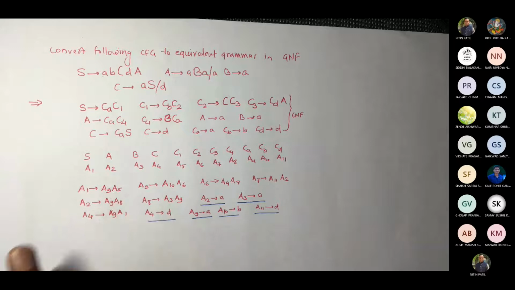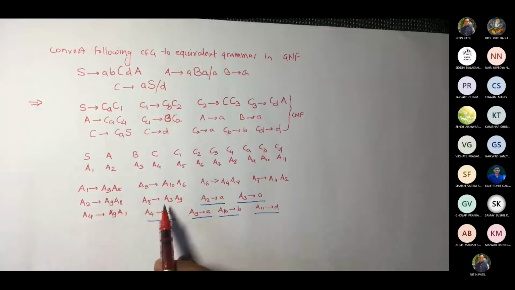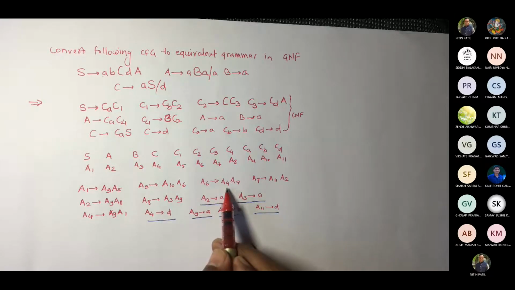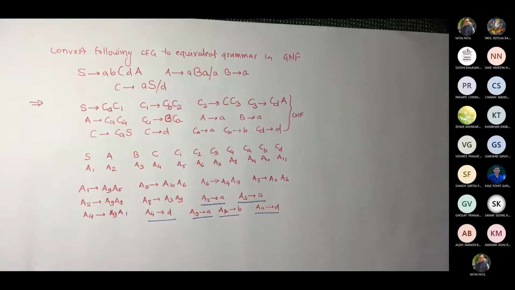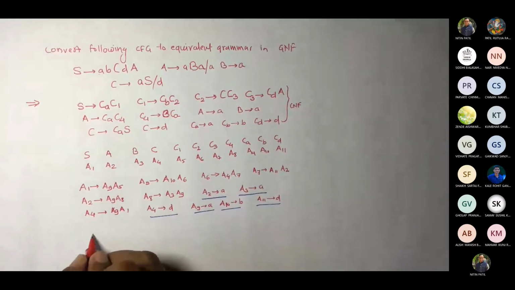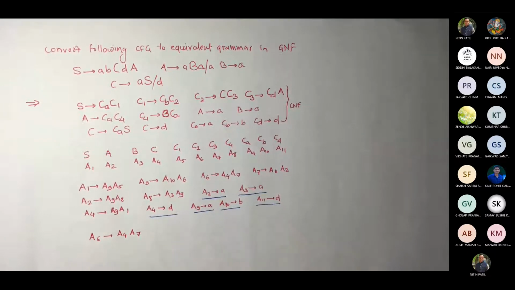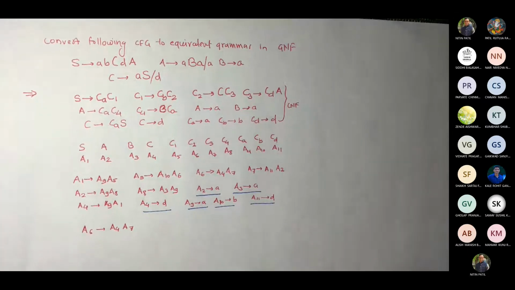This one is lesser than this, so you don't consider these three, or even these two. Now this is the only production which has A4, A7, correct? A6 and A4. So let us take that one. So A6 gives A4, A7. What is A4? How many values are there for A4?